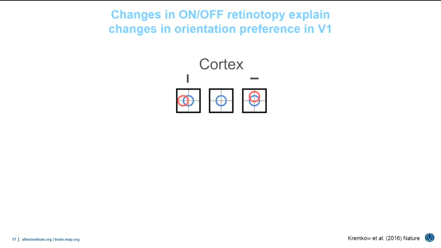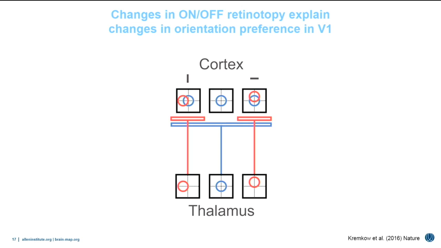Currently, the hypothesis is that this could be very simply explained by the way the thalamus projects onto cortex. It's not just a random projection from thalamus to cortex, but there's some structure in it, such that, for example, some LGN afferents with this retinotopic position would spread to a region in cortex, and then the ON would be supplied from a different set of pools in LGN.